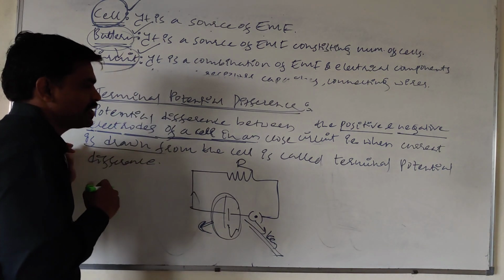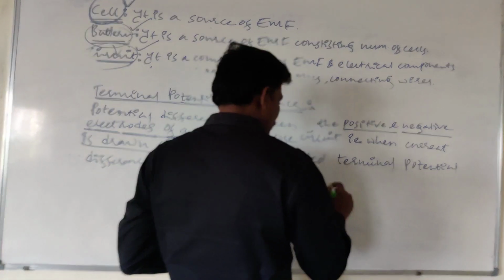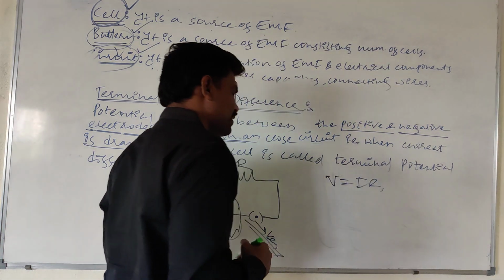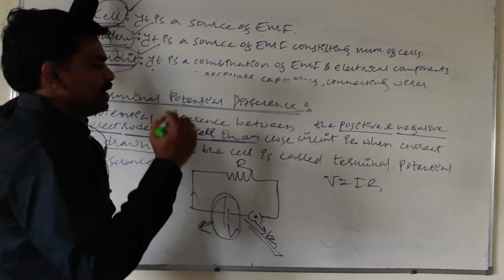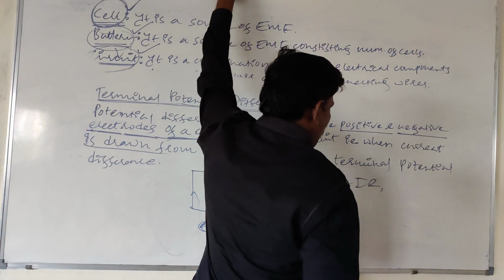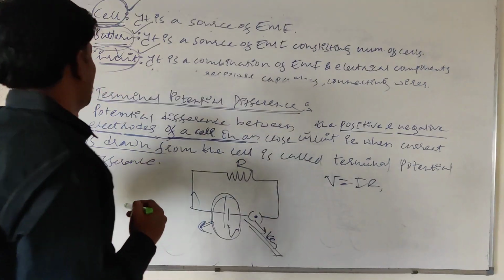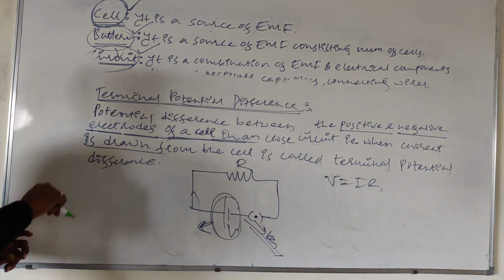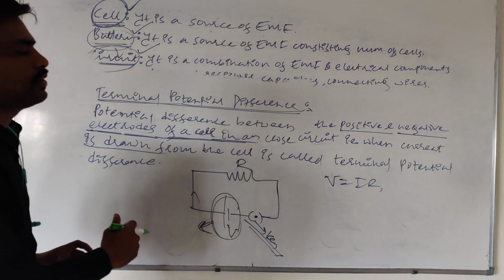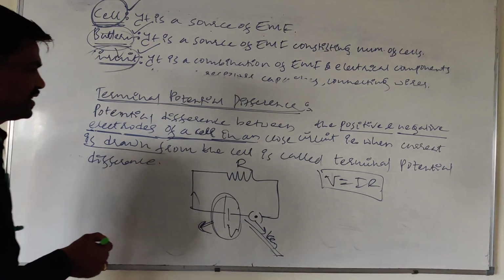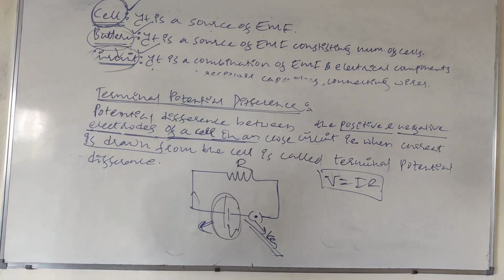We call it that, right? So here V is equal to IR, right? Can we write an equation here for the current being drawn from the cell? We are going to discuss it in our next equation. Right? I will erase this.